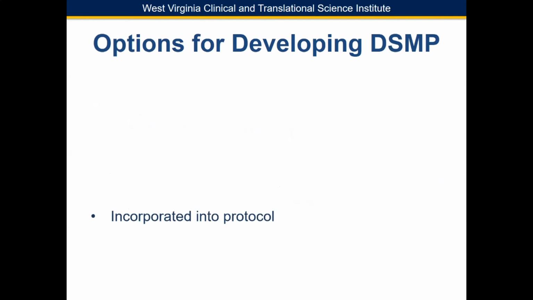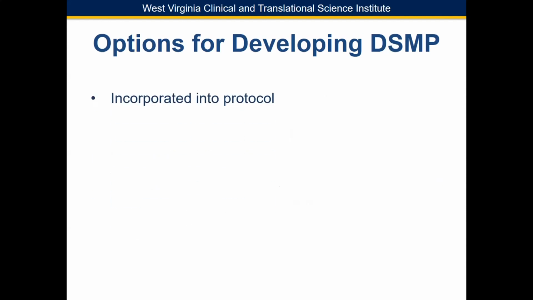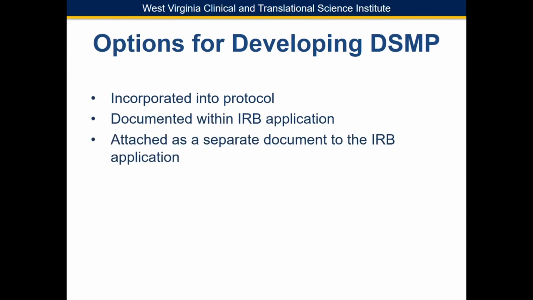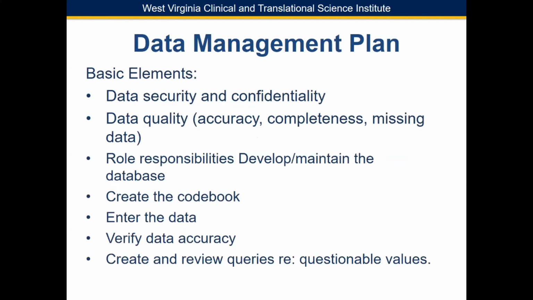So options for developing a DSMP. You can incorporate it within your protocol. You can document that within the IRB application, or you can attach it as a separate document to the IRB application. Data management plan.